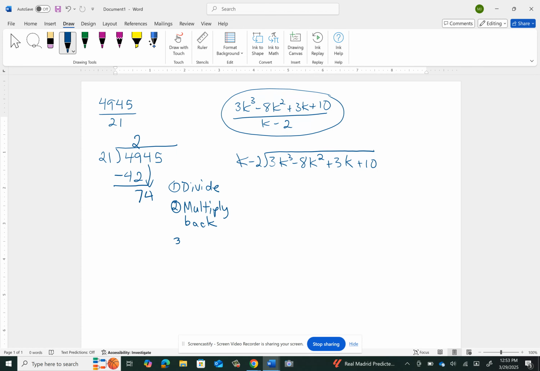The third step we did was to subtract, and we're going to add a little to that once we see it with the variables. So leave some room there to write a little more. And then the last step we did was to bring down the next digit.